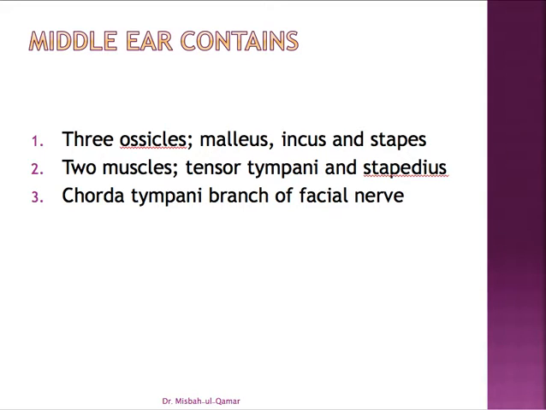There are three ossicles, meaning three bones, named malleus, incus, and stapes. There are two muscles, tensor tympani and stapedius, and a nerve, which is the chorda tympani branch of the facial nerve.